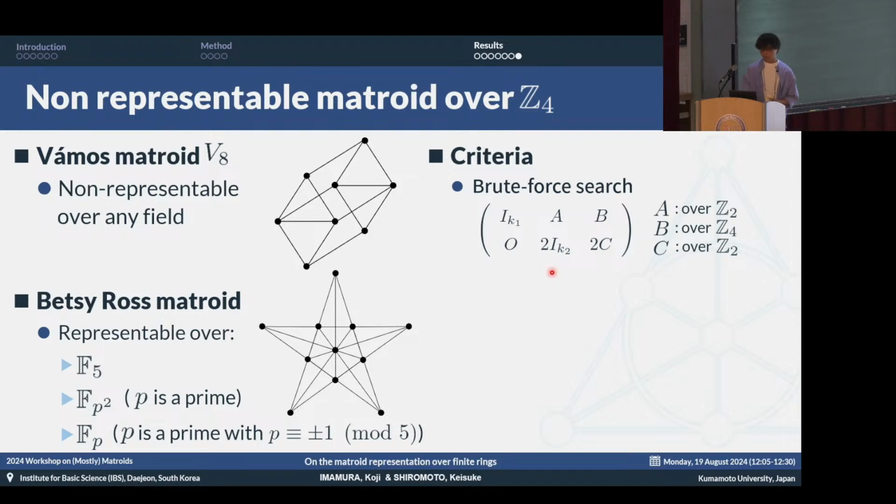And we also found that there are some matroids non-representable over Z4. So the Vamos matroid and the Betsiros matroid cannot be represented over Z4. We could only prove this by using a computer search. A matrix over Z4 has a standard form like this. But if we assume that there is some representation using a matrix over Z4, we can see that the matrix has to be of the form like this.